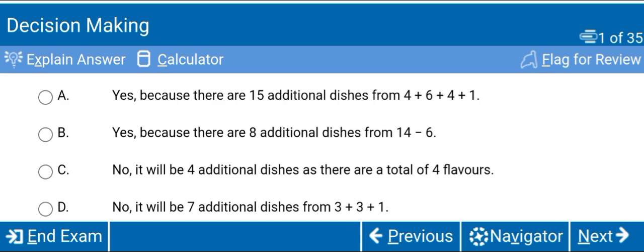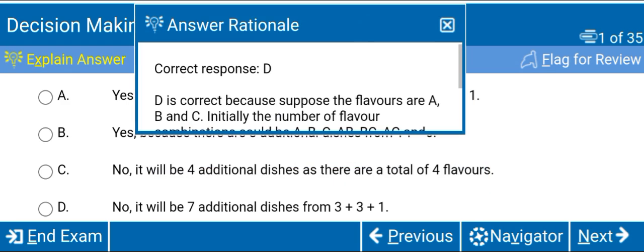Option C, no, it will be 4 additional dishes as there are a total of 4 flavors. Option D, no, it will be 7 additional dishes from 3 plus 3 plus 1. So here we have the correct response is option D.